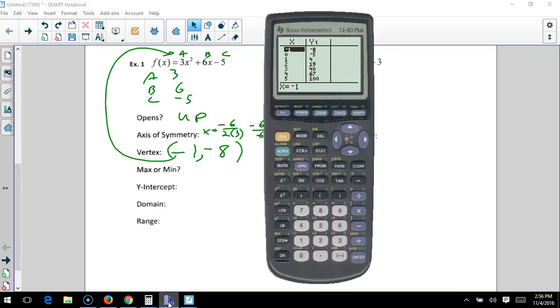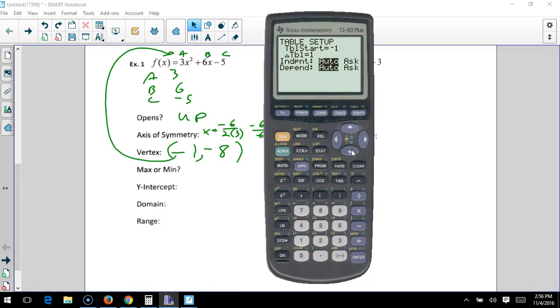Now, again, as we talked about, let's say negative 1 was not one of the x-coordinates that showed up here, or it was a number that didn't show up. You could hit second window and put your number in right there at table start and then go back and look for it.